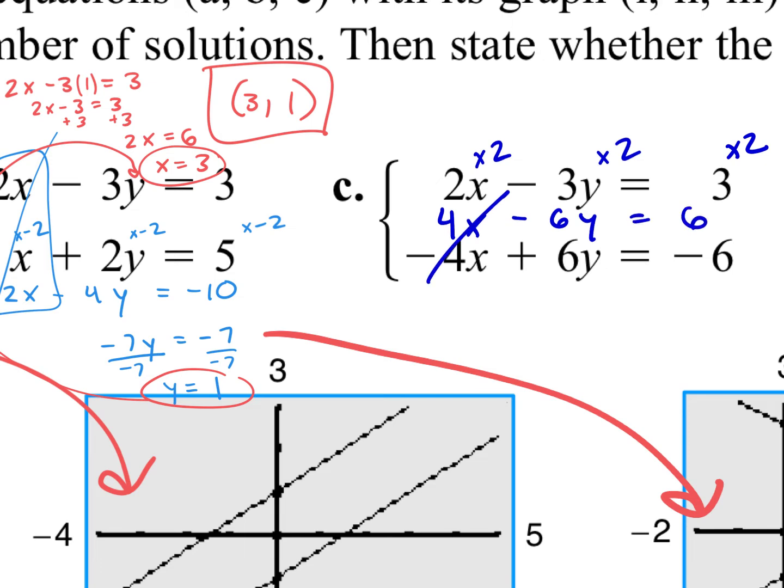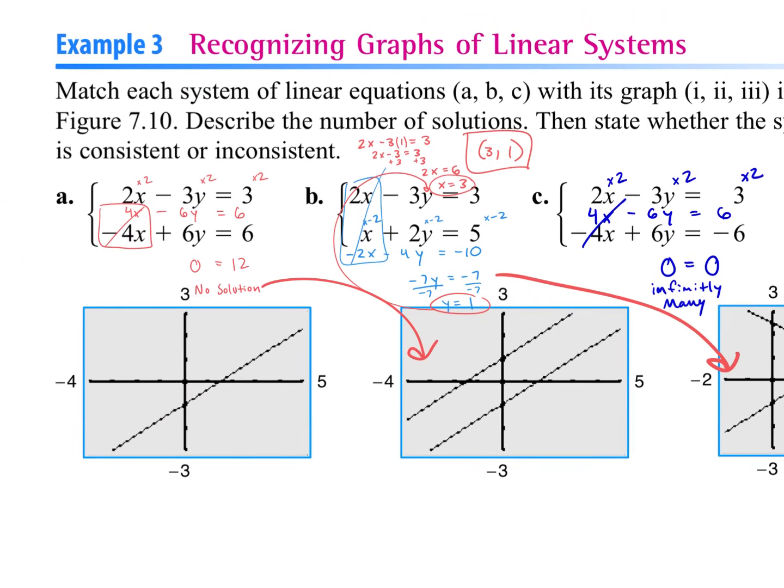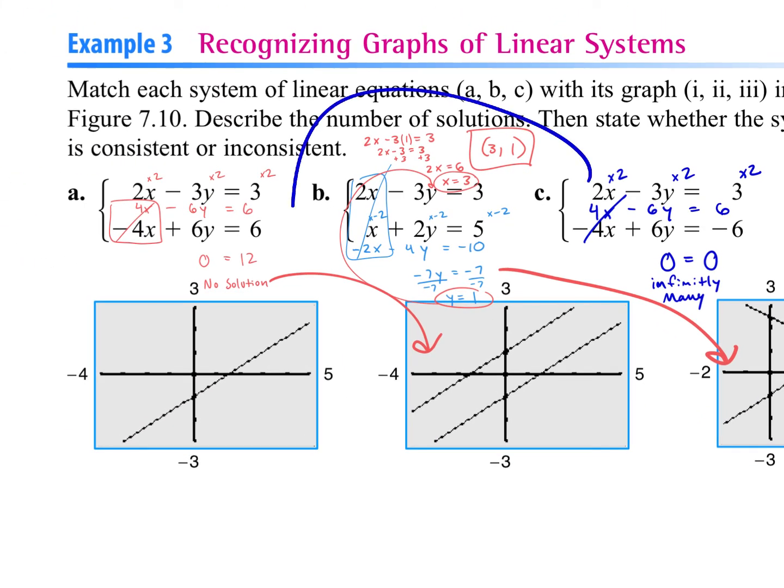The x's cancel. What's negative 6y plus 6y? 0. And 6 minus 6. So if I get 0 equals 0, what's my answer? Infinitely many solutions. So that would match up with my first one.